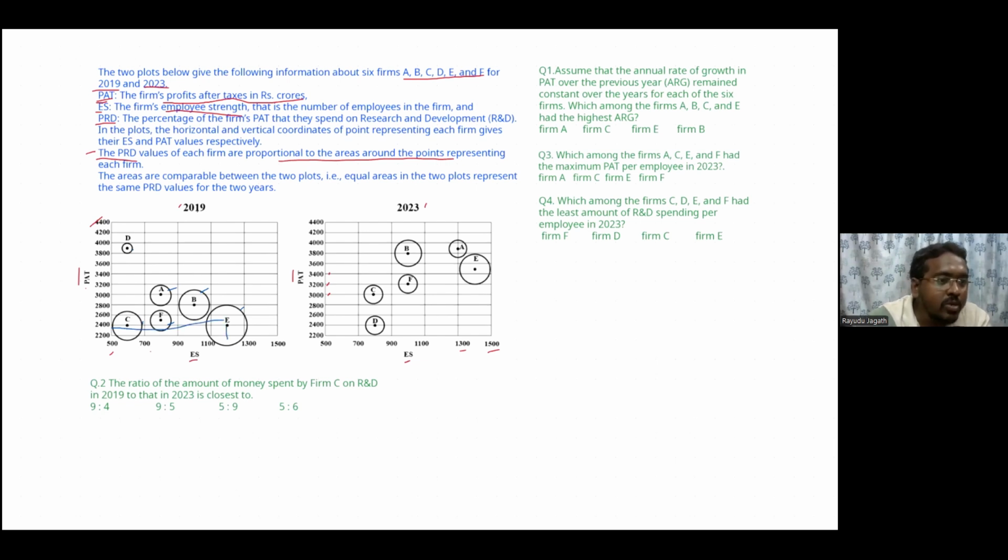So corresponding to E, we can say the PAT value is 2400 and the vertical axis ES strength is 1200 people. Corresponding to D, we can say this is in between 3800 and 4000. So 3900 crores of profit after taxes is there for film D in 2019, and the number of people is in between 500 and 700. So 600 employees are there in 2019.